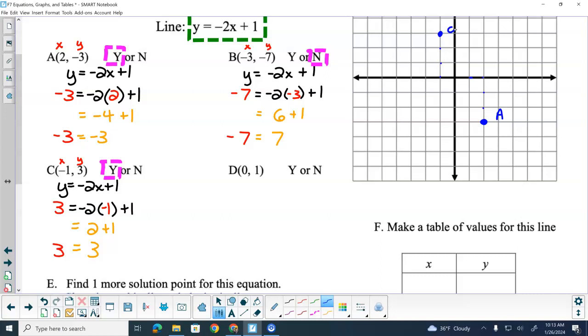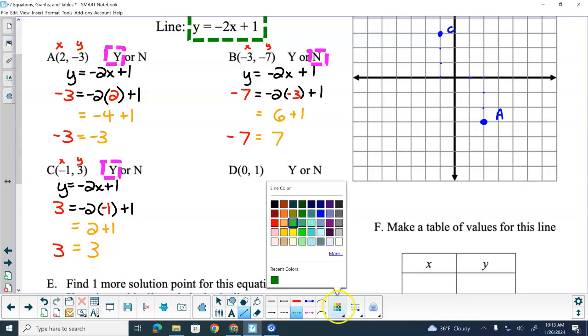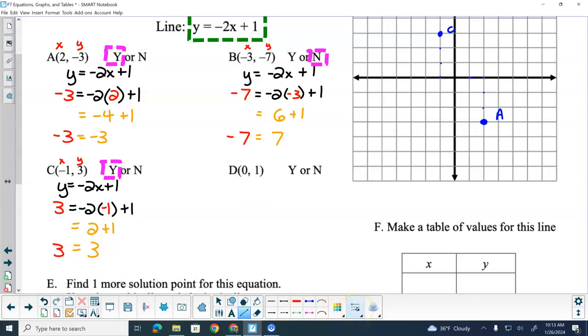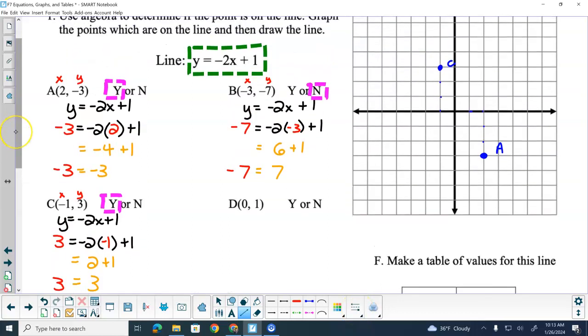Okay? So we want to use that to draw in a straight line, and we're going to have that straight line go all of the way across our graph so that the arrowheads on the straight line are outside of the graph. Okay, so we want our arrowheads outside of the graph.